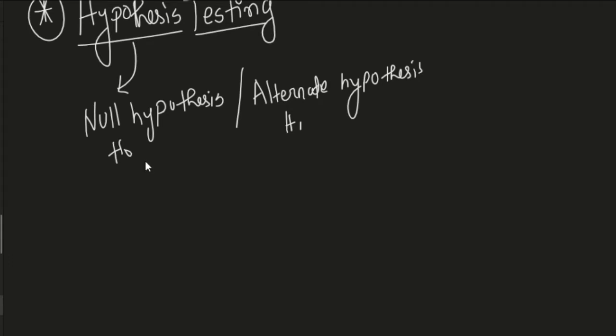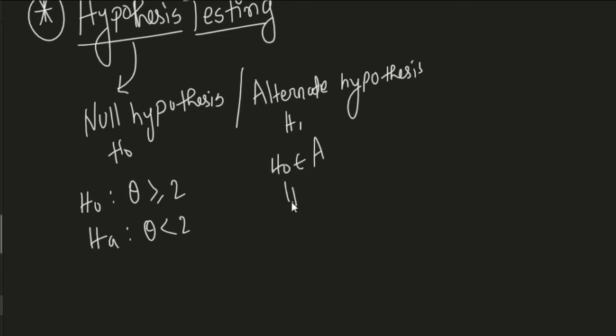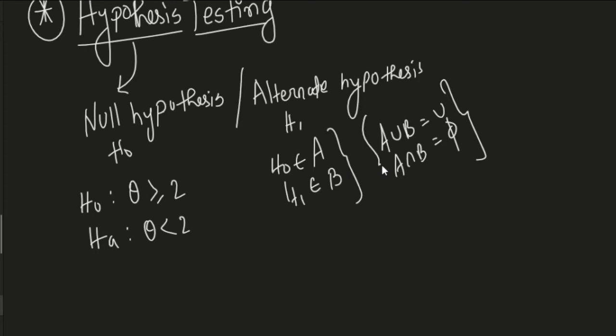Let's say if the null hypothesis is theta greater than equal to 2, then the alternate hypothesis should be theta less than 2. So what happens is, if h naught belongs to the set A and h1 belongs to the set B, and if U is the universal set, then we must have A union B equals to U, while A intersection B equals to phi. This is what it should have, because the null and alternate hypotheses are basically reverses of each other, so they are complementary.